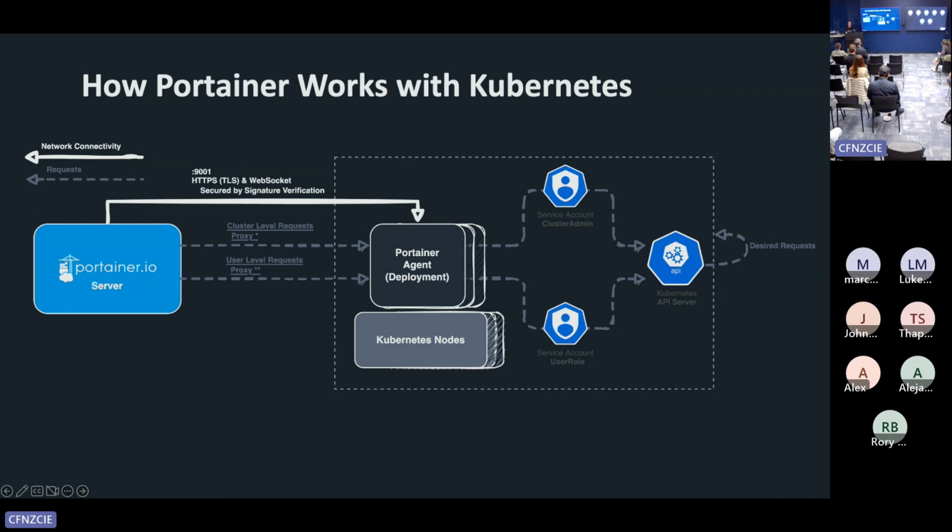So we recommend running Portainer as a management tool, and then deploying agents in each cluster, in the orchestrators, and connecting to them from Portainer. That's this piece here, so scale out of clusters, Kubernetes nodes.